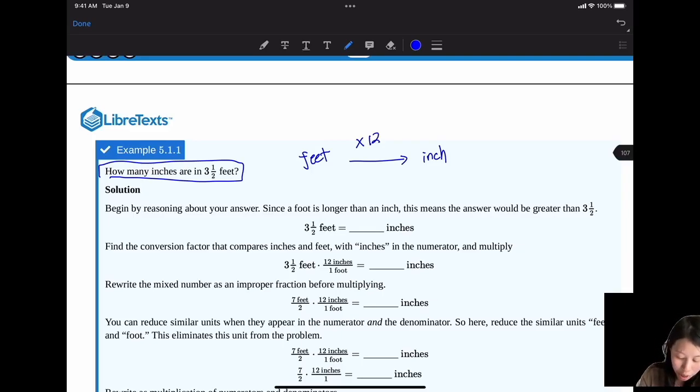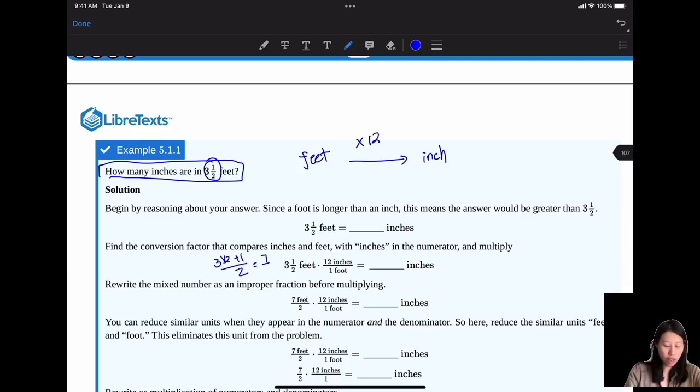So now we have 3.5 feet. First of all, you want to convert this into a fraction. 3.5 is equal to what? 3 times 2 plus 1 over 2, right?